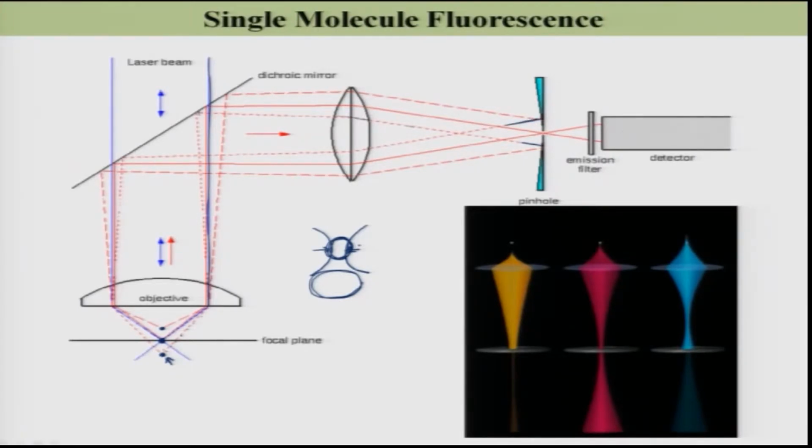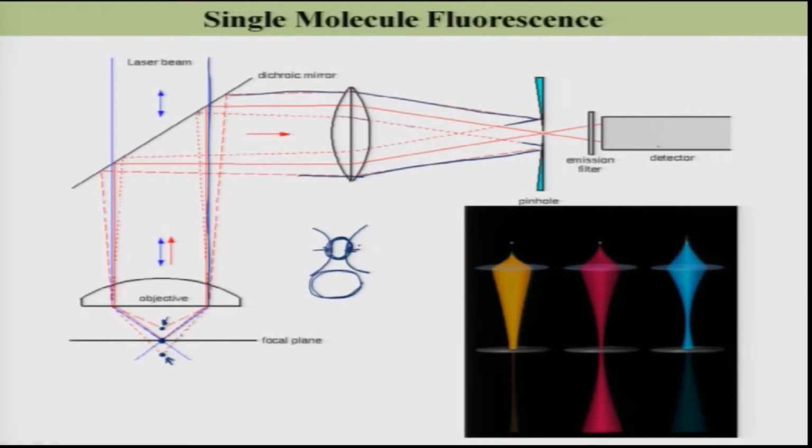Now, if the fluorescence originates from this particular point, you follow this line, it is now blocked at this position and this is blocked at this position. So placing a pinhole at this position ensures that the fluorescence originating very near the focal plane only will pass through this pinhole, and only that light is going to be detected by this detector.